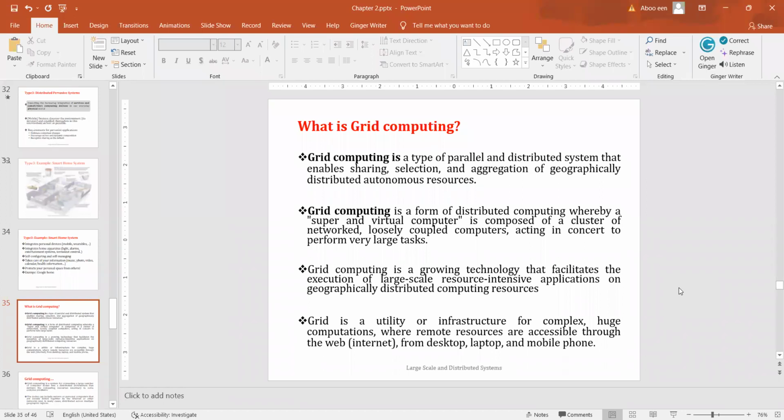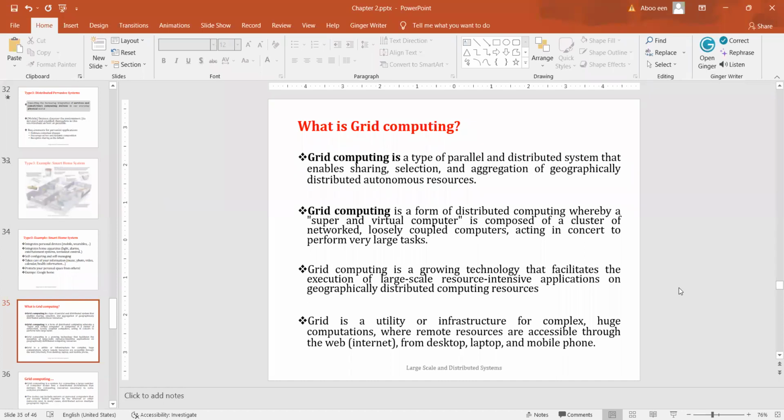Computing resources like servers are in one place, databases in another, applications in another, and they may have a knowledge management system elsewhere. So these computing resources can be geographically distributed, and they can work together to finish a very large task.